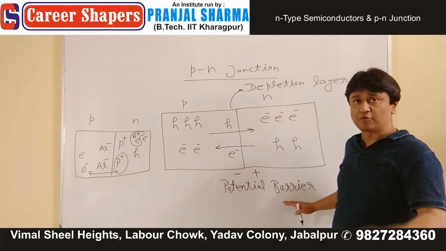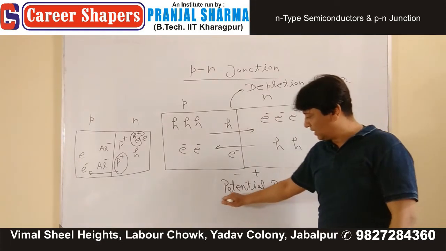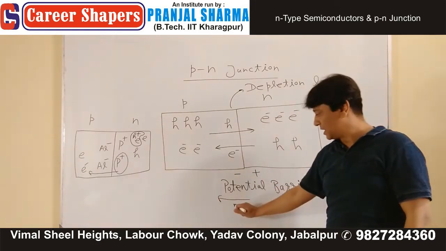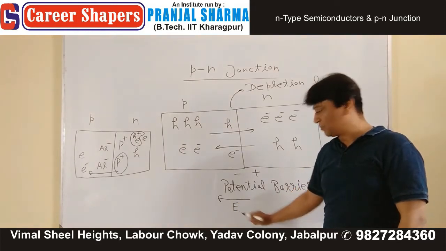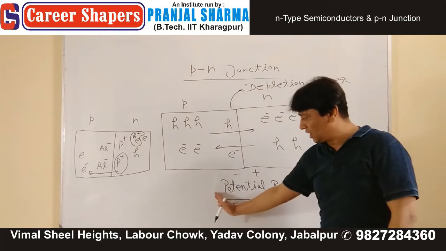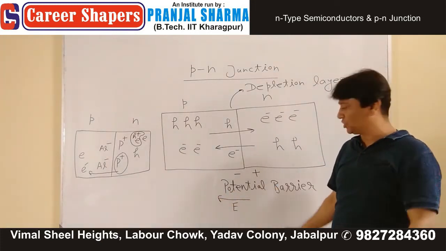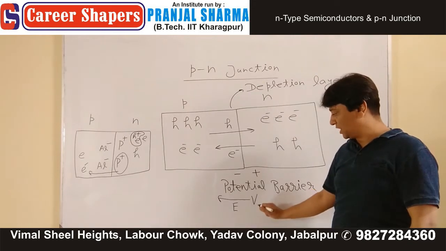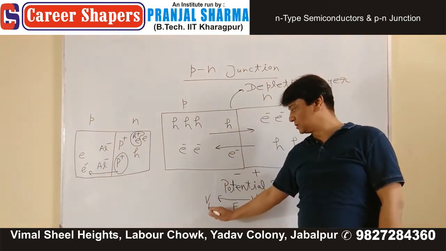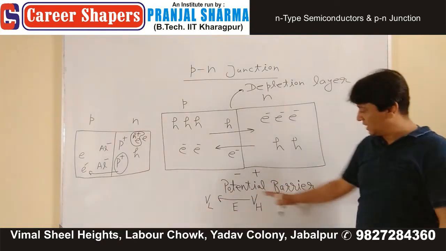An electric field. Everybody knows the direction of electric field is from positive to negative. This electric field will create what? A potential difference. In the direction of electric field, potential decreases. So this V is high and this V is low.